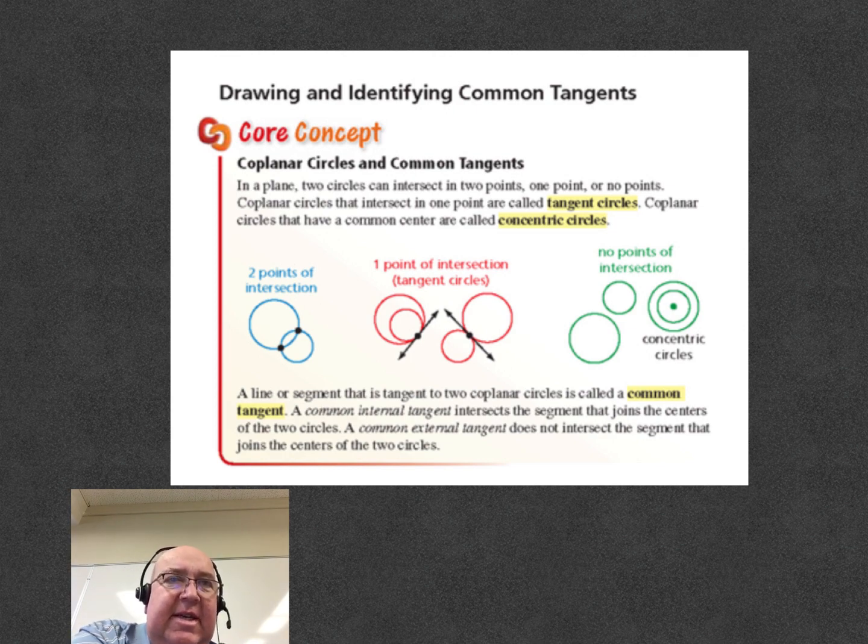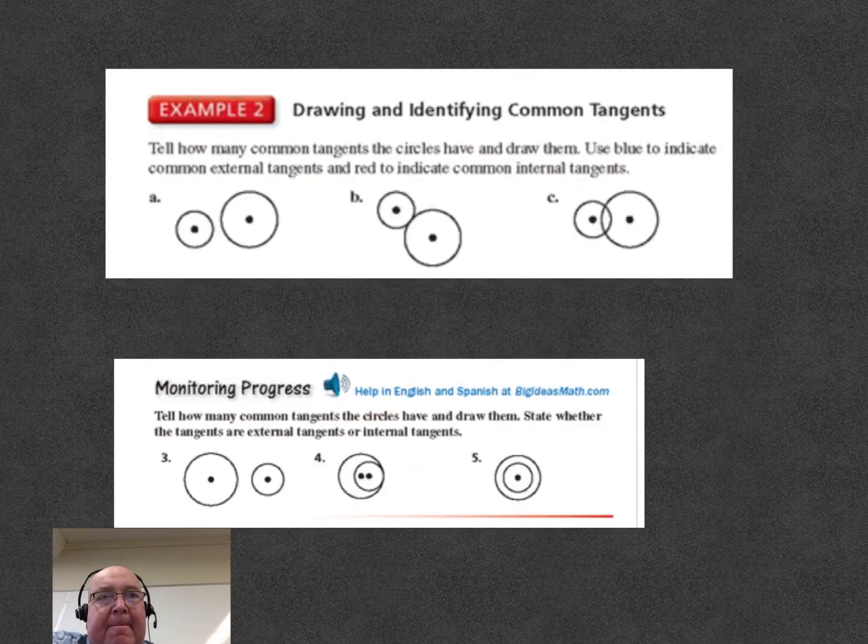So here we're looking at identifying common tangents. The one thing you can't have is concentric circles, or circles that are inside each other; they do not have a common tangent. All others will have some sort of a common tangent.